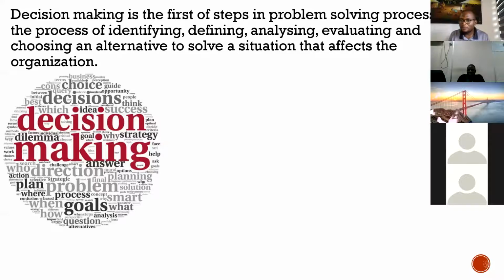So the first process of making a decision: of course, if we want to make a decision, there is something we want to change or order. We want to take a decision towards something. So there is always a problem, or a change of direction, or something that has to change.